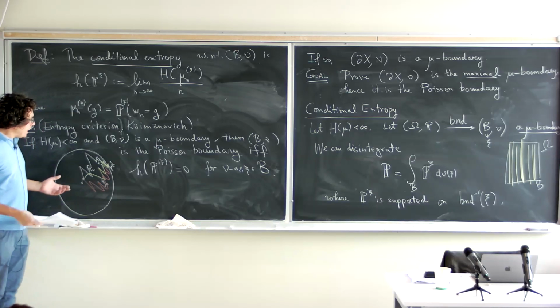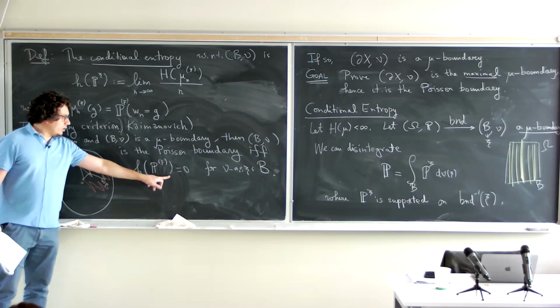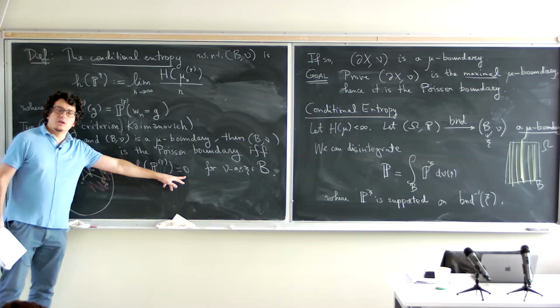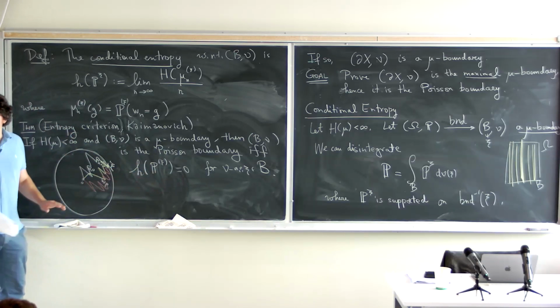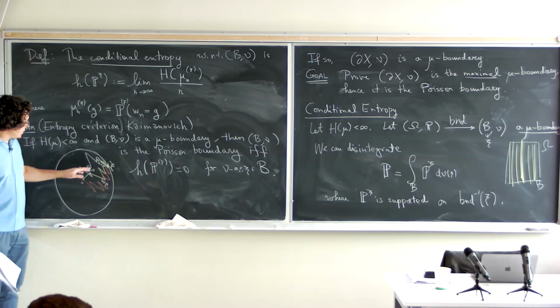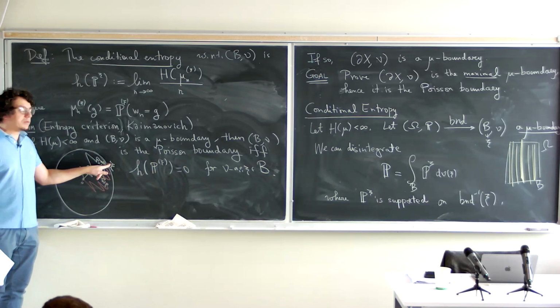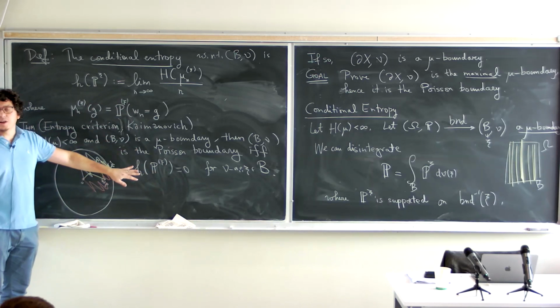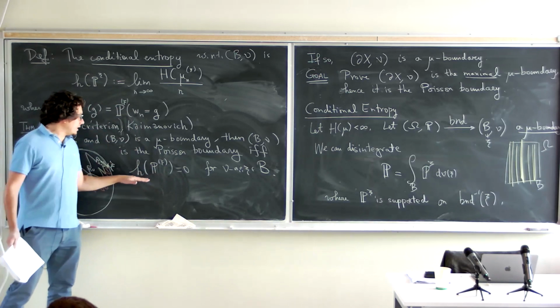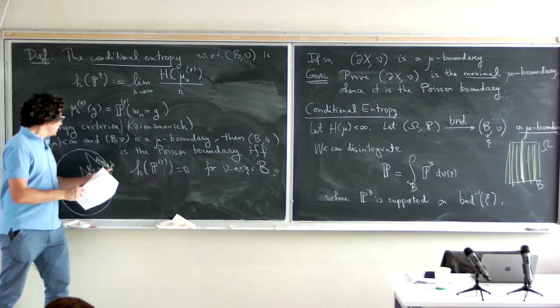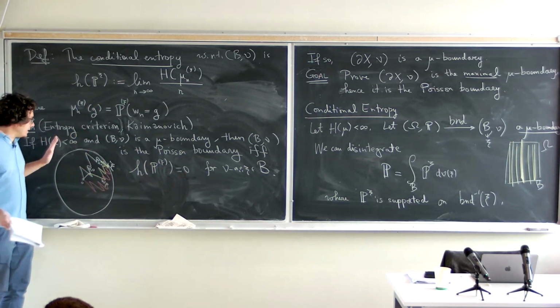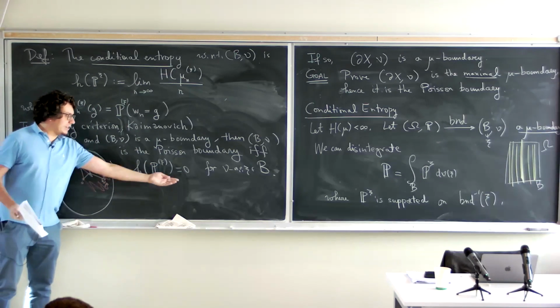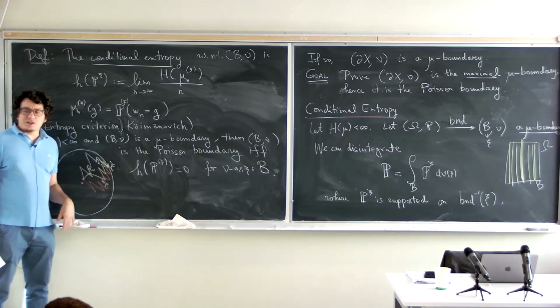And the answer is, well, if the relative or conditional entropy is 0, it means there's no more information. Once you condition on the hitting point, there's no more information encoded. So the information left over is 0.